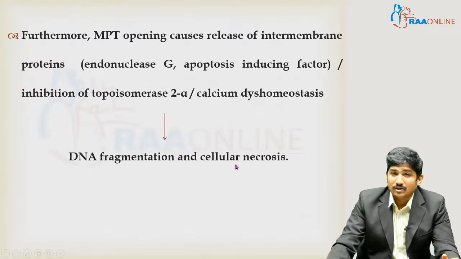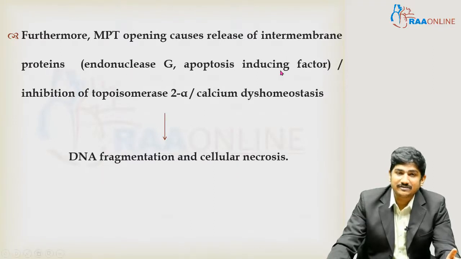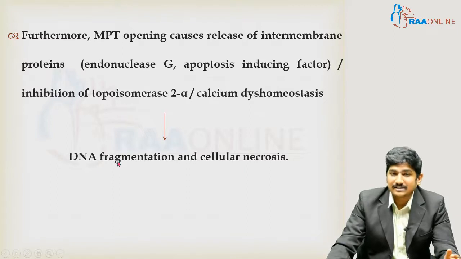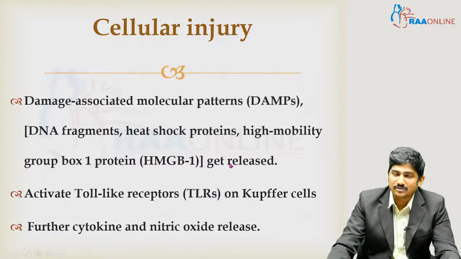So further opening up, meaning the cleaving of the mitochondrial membranes, releases endonuclease G, apoptosis inducing factor, and topoisomerase 2A inhibitors, thus causing DNA fragmentation and cell necrosis. So once the cell gets injured, it activates the injury of the surrounding cells also.